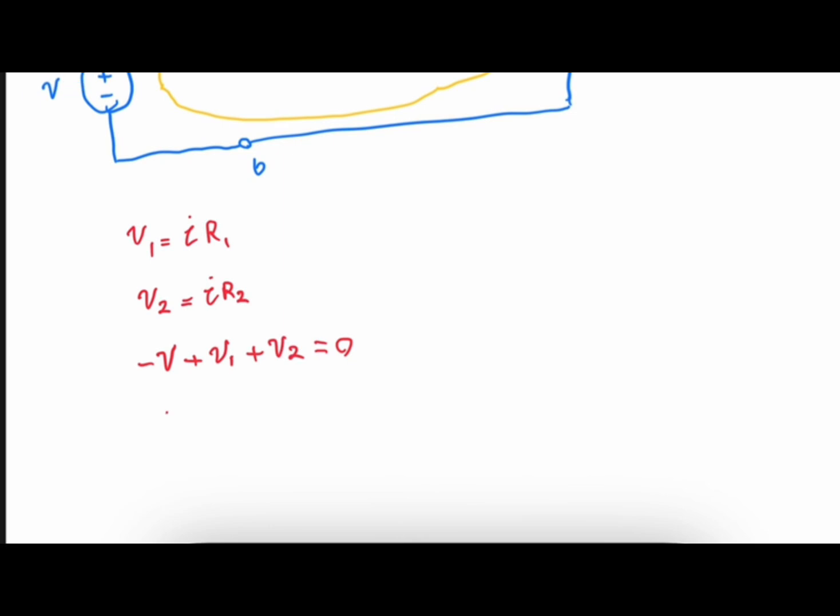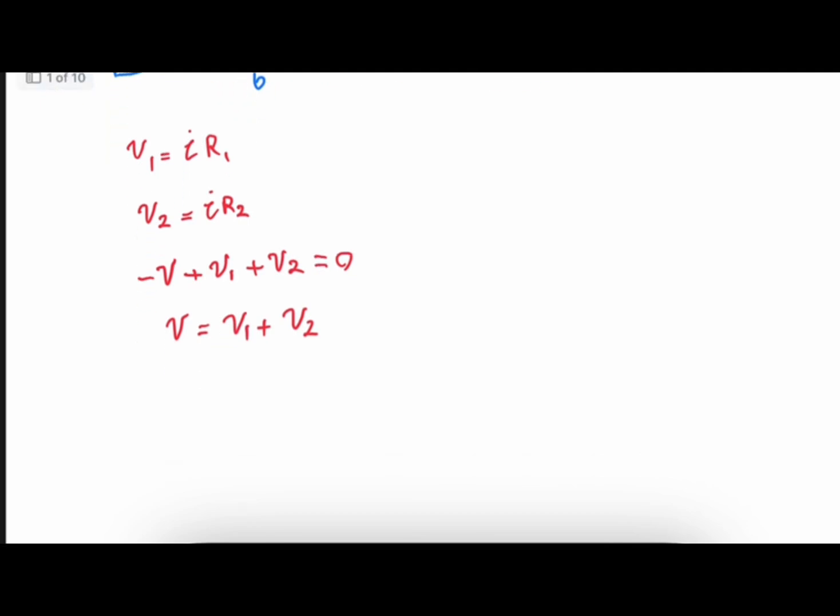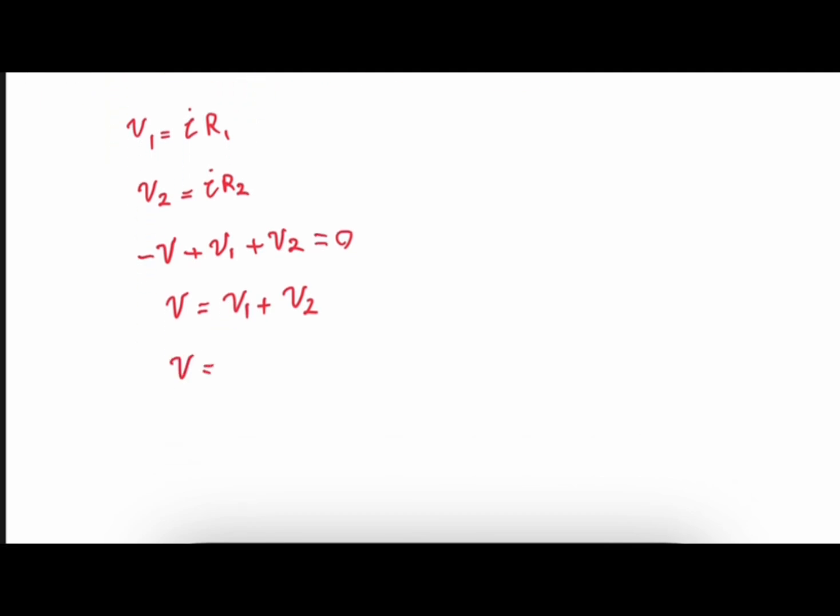Rearranging this equation, we see that V is equal to V1 plus V2. Substituting V1 and V2 with I R1 and I R2, we get V equal to I times the common factor, R1 plus R2.